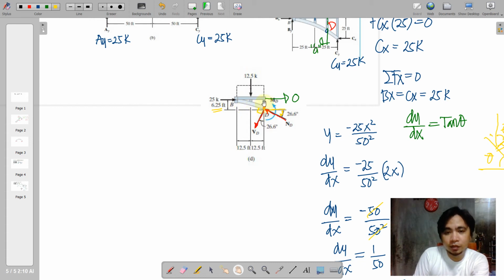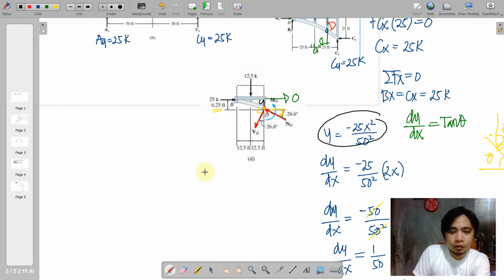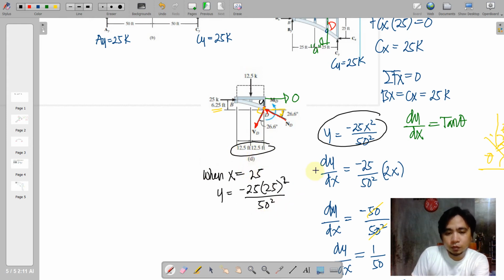So let us label this as our y, being proportional to the larger spandrel a while ago, and your x is 25, okay? So we'll just use this equation. So when x is 25, we'll just substitute it in this function. Therefore, calculating that one, we will have actually 6.25.